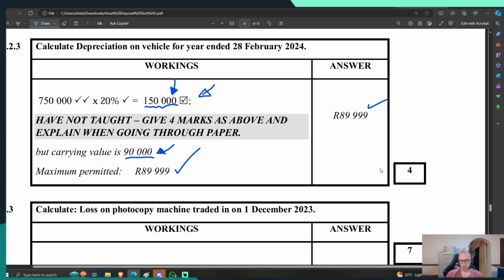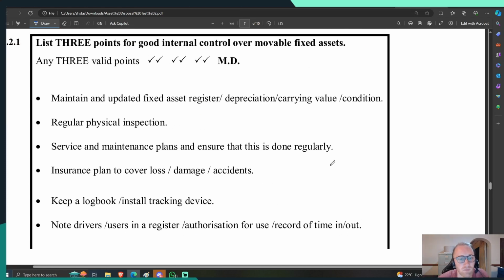So always check how much depreciable value there still is. Here, we're still giving you the full marks. But in matric, and probably later in grade 11, we will not give the full 4 marks if you say 150,000 instead of 89,999. All right, let's keep going.